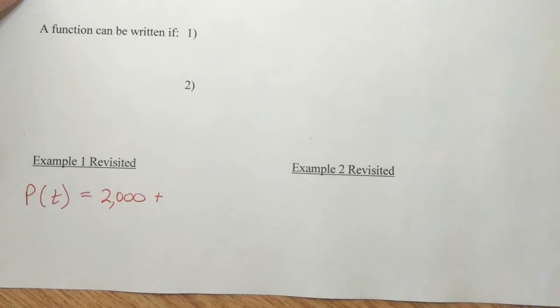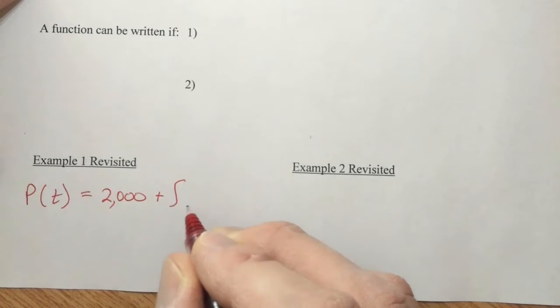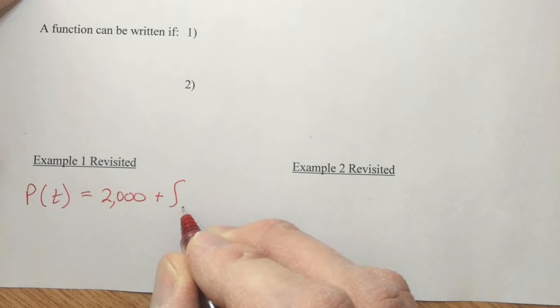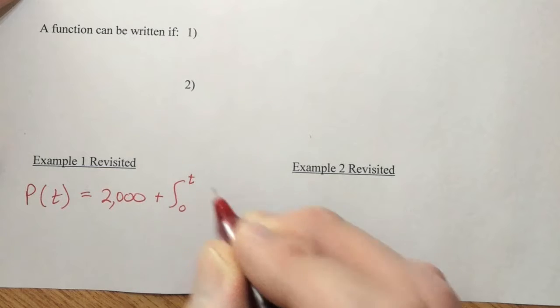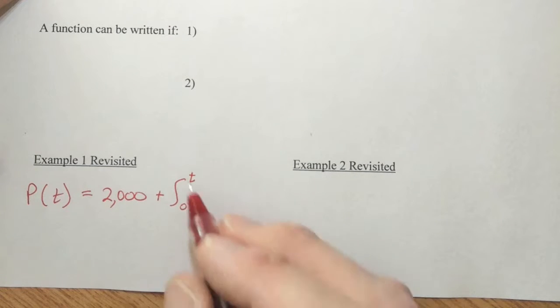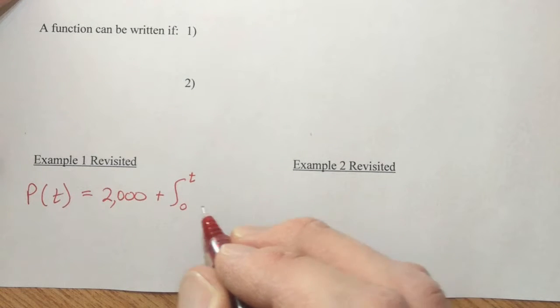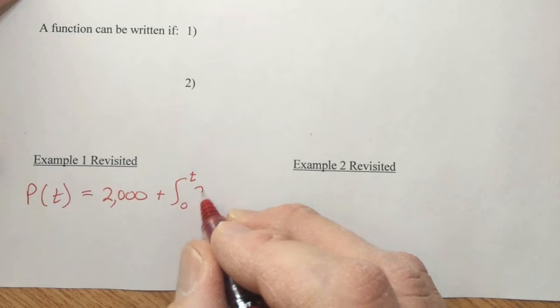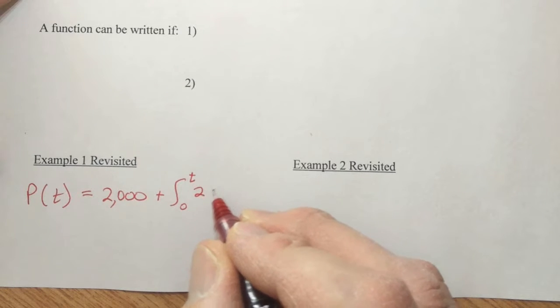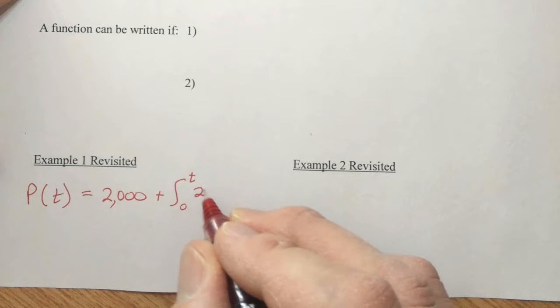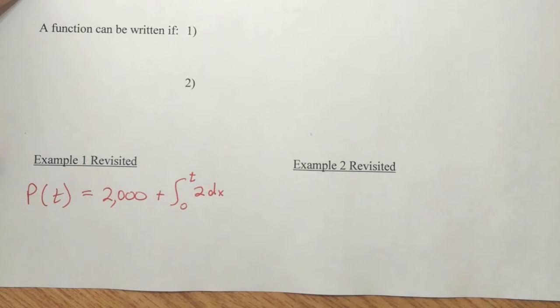So we're going to have the integral from the start of the day, which is at 0, to whatever time we want, t, and the rate is 2. So we'll have 2, and then we have to use a different variable, so we'll just go 2 dx for our differential.